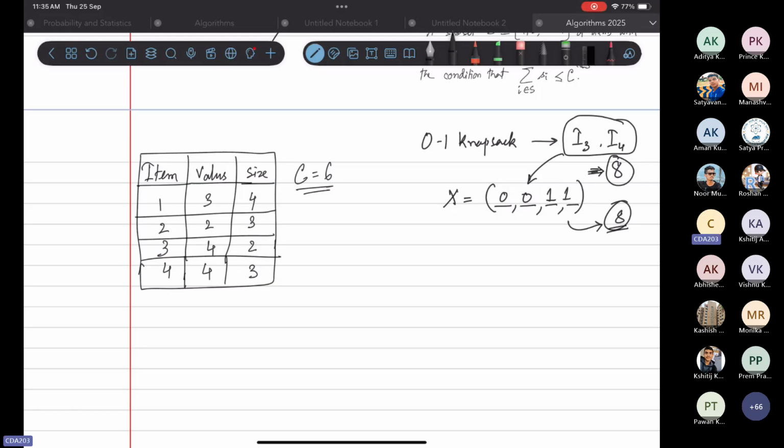Whatever value that you get for the 0, 1 knapsack, it cannot be more than the solution of the fractional knapsack. In fractional, you can still add something. So that is what is happening in here.